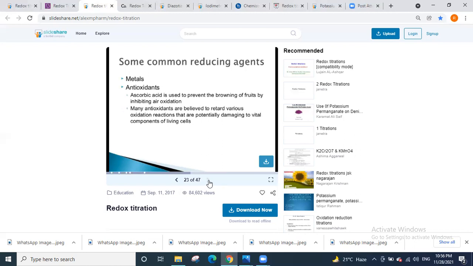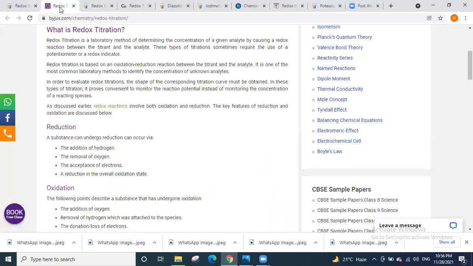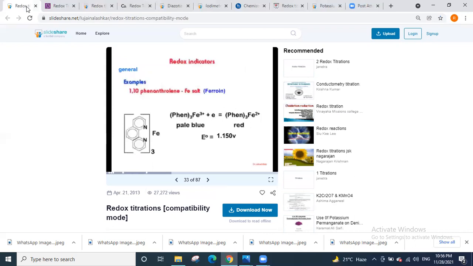The important thing is the type of redox indicator. We have three different types of redox indicator: the self indicator, the internal indicator, and the external indicator. Number one is the self indicator.